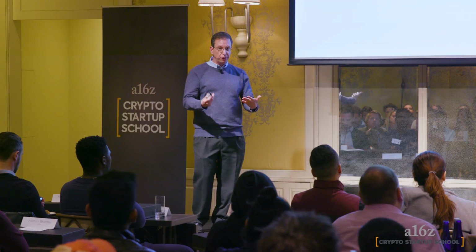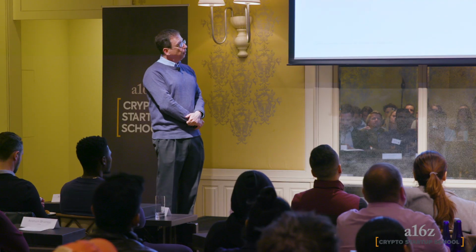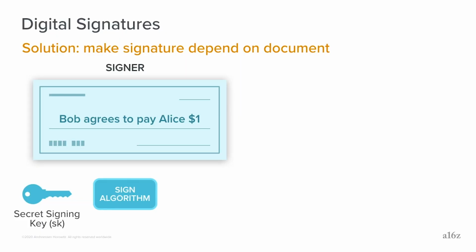So we have to build signatures slightly differently. People were stuck on this when these ideas were developed back in the 80s. It wasn't clear how to sign in the digital world because of this problem. The idea, due to Michael Rabin, is to make the signature itself be a function of the data being signed.